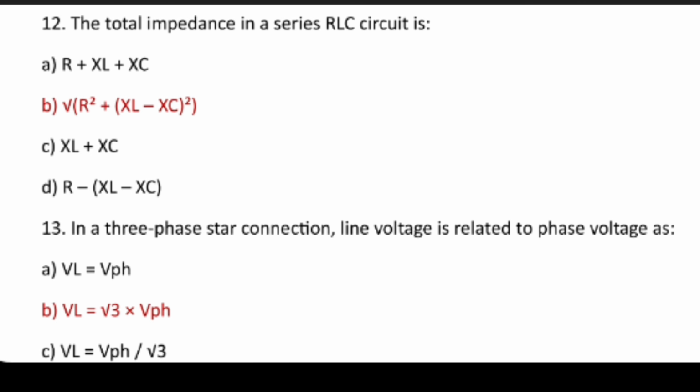Next, the total impedance in a series RLC circuit, option B, is the square root of R squared plus (XL minus XC) whole squared.